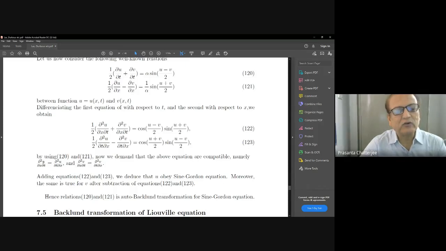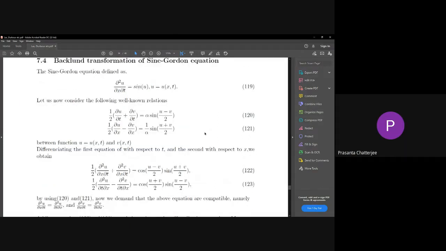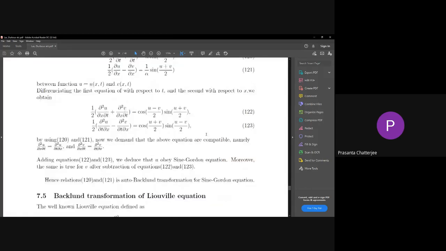Now using the simple relationship del 2u del x del t equal to del 2u del t del x, and del 2v del x del t equal to del 2v del t del x, and if we add 1.22 and 1.23, del 2v del x del t is gone. Then del 2u del x del t equals this plus this, which is nothing but the sine-Gordon equation. So we see that u satisfies the sine-Gordon equation.